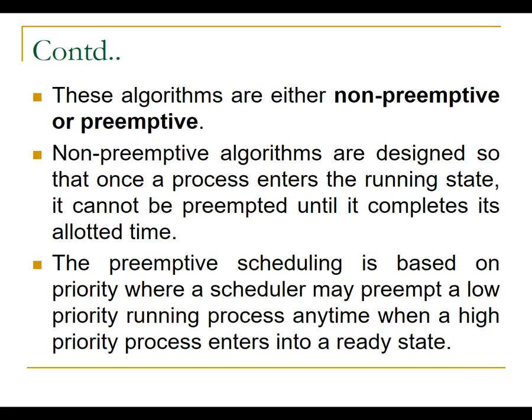Non-preemptive means what? Non-preemptive algorithms are designed so that once a process enters the running state, it cannot be preempted until it completes its allotted time. That is called non-preemptive. That means once the process comes from the ready state to the running state, it should be terminated by the central processing unit.